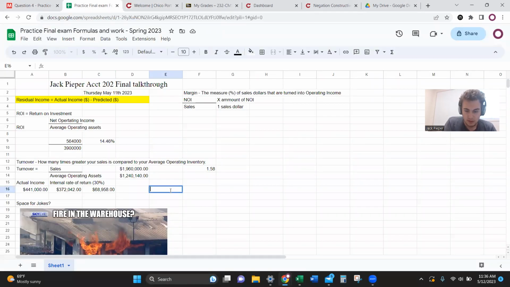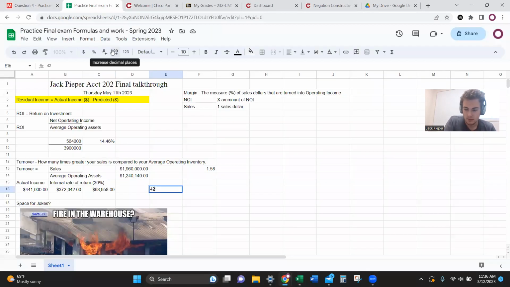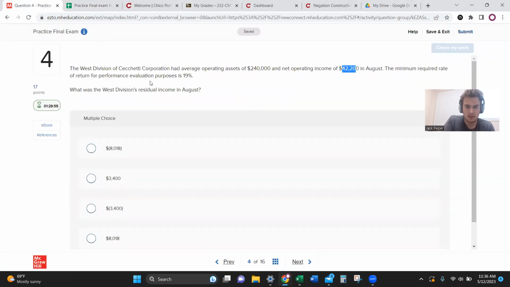We'll go 42,200 minus the required income. So we'll do 240,000, that's our average operating assets, times 0.19.